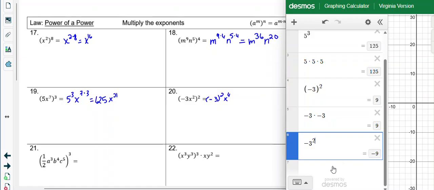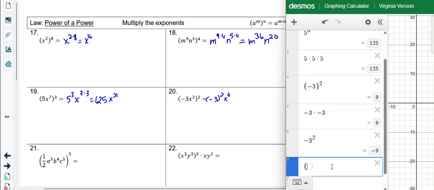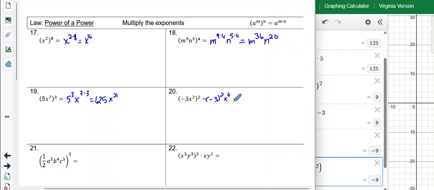So this will be the wrong answer. Or if you do something like this, this will also give you the wrong answer. So these two are wrong. These two are correct. Negative 3 squared, make sure to put it in the parentheses. All right, so this is positive 9. And then you have x to the power of 4, because 2 times 2 is 4.